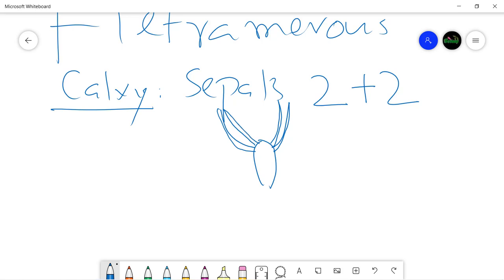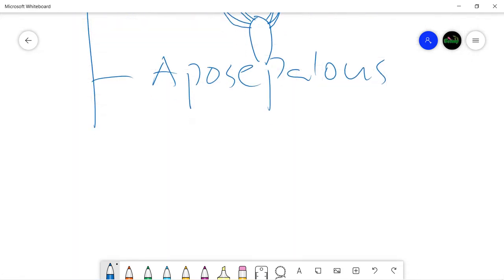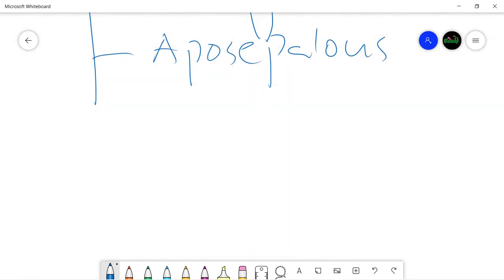So this indicates there are two whorls rather than a single whorl. So there are two whorls of the sepals. They are aposepalous, that is, the sepals are free from one another, they are not united by any means.